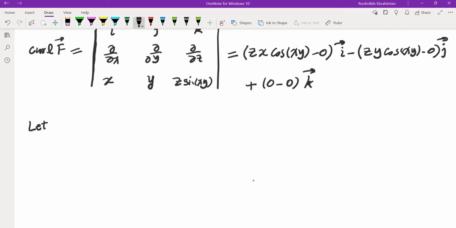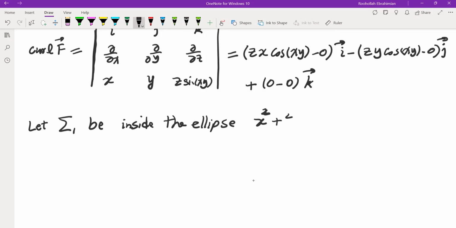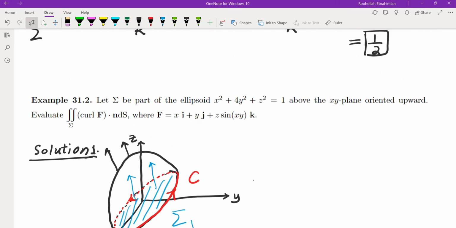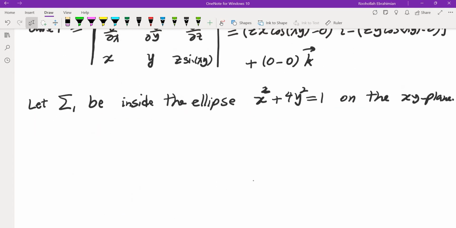So let sigma 1 be inside the ellipse that they gave us on the xy plane. Going back and looking at what we had, x squared plus 4y squared plus z squared equals 1, the bottom becomes x squared plus 4y squared equals 1. That's the curve. So let sigma 1 be inside this curve, oriented upward.